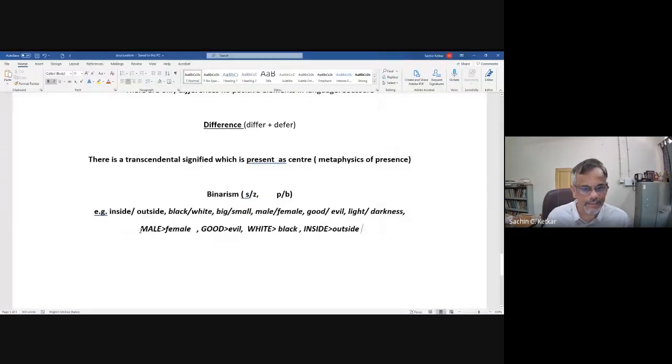This term is considered natural. Good, male, white.